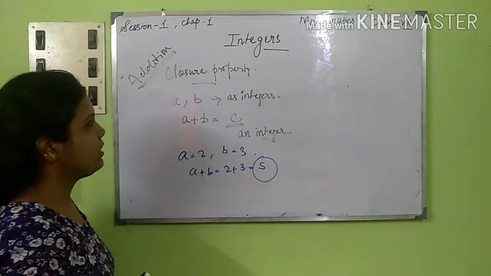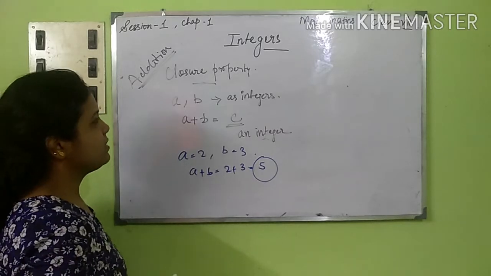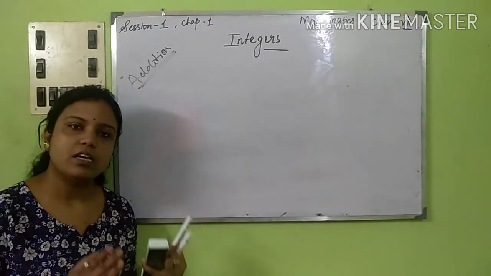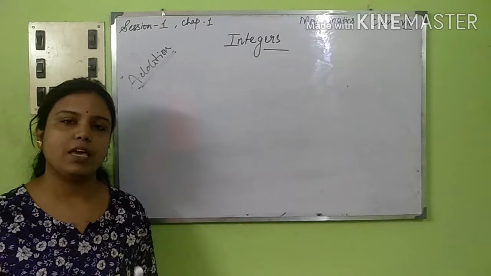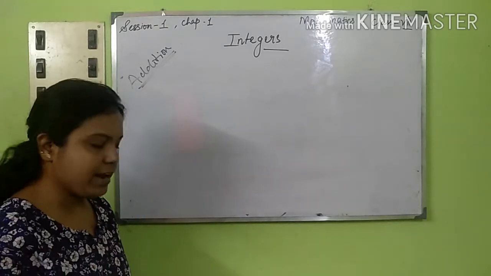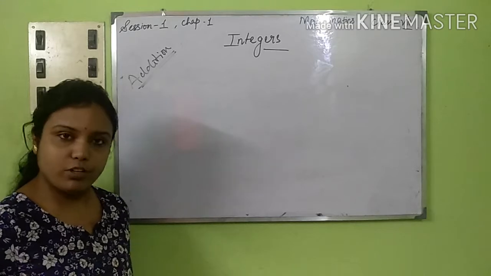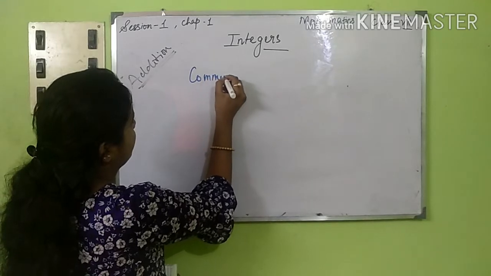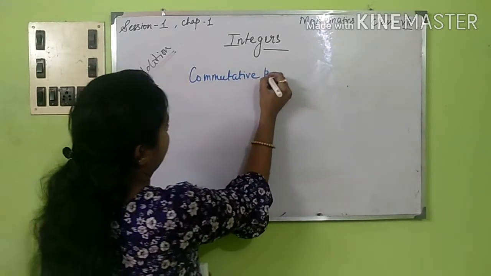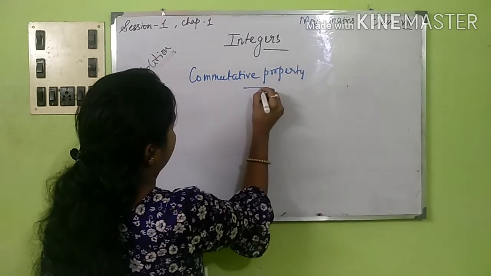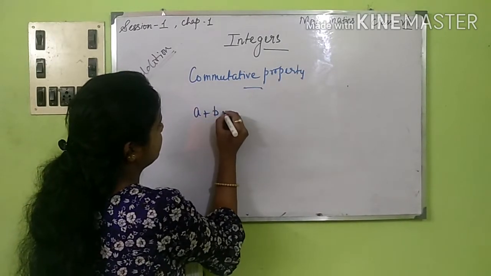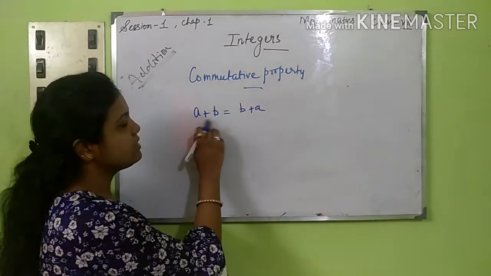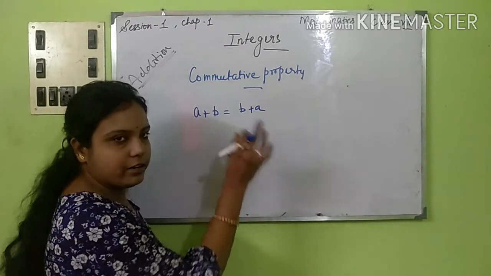Next we come to the commutative property. If a and b are both integers, their addition result will also be an integer. That's what I have shown. Now, what is the commutative property? a plus b is equal to b plus a. That is, if the numbers are added, you get a result.